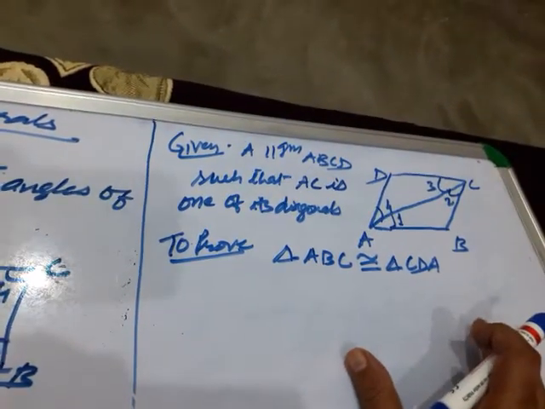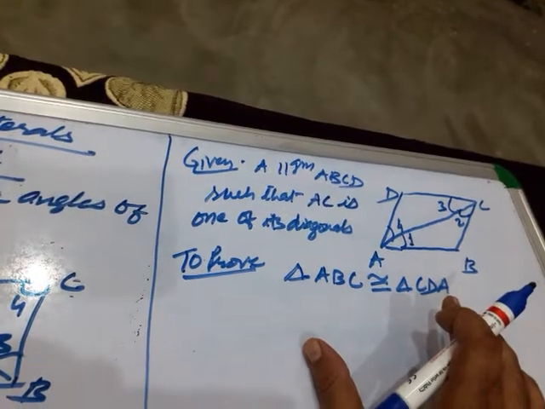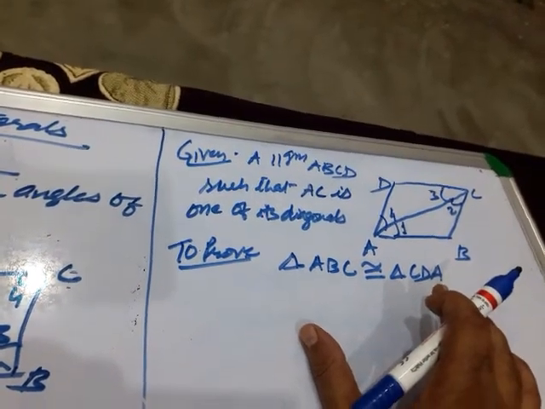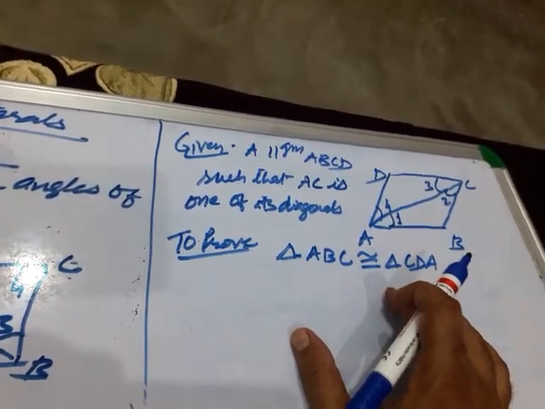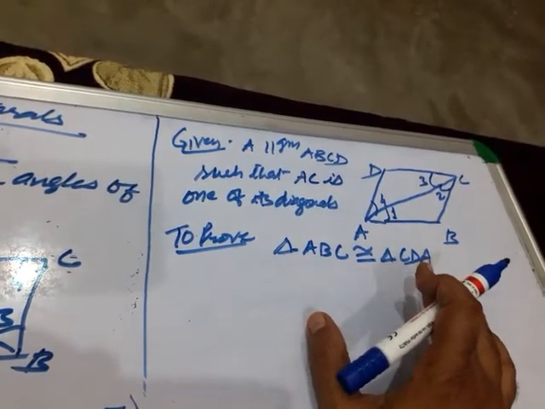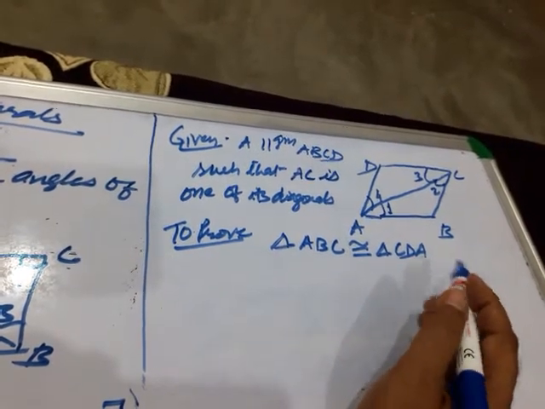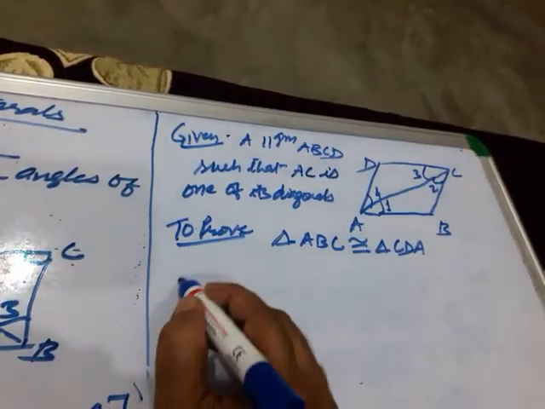Children, this is very much important part. Clear? That is a parallelogram ABCD such that AC is one of its diagonals. We have to prove that the diagonal divides the parallelogram into two congruent triangles, means triangle ABC is congruent to triangle CDA. Okay, children, let us start proving.